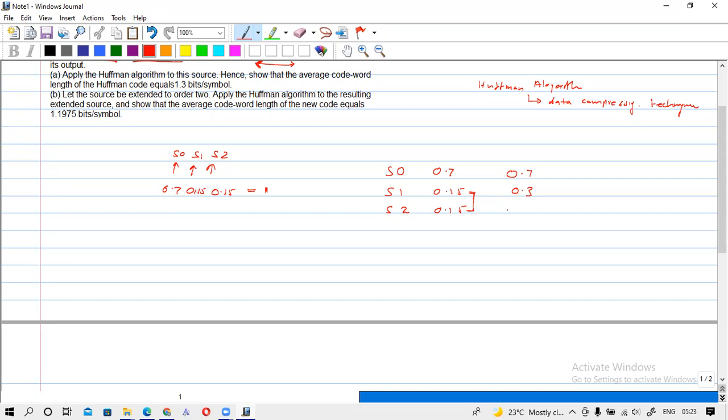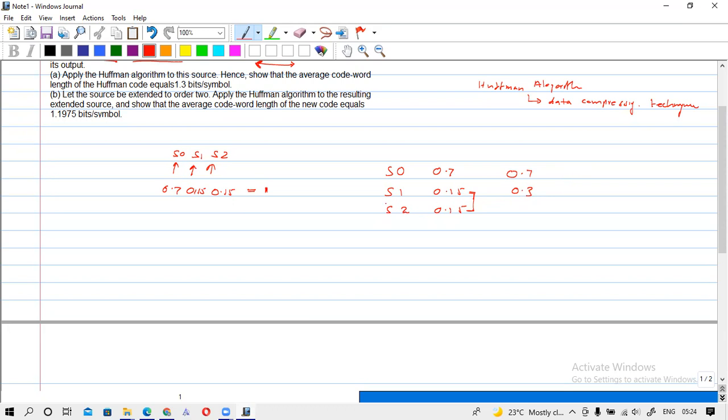So we will reduce the symbols one by one, or the characters one by one. In this case, we have 3 characters. We should reduce the characters one by one until we get 2 remaining characters. Here we have 3 characters, 1, 2, 3.